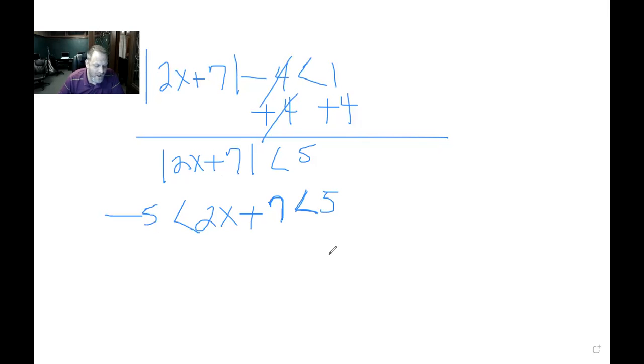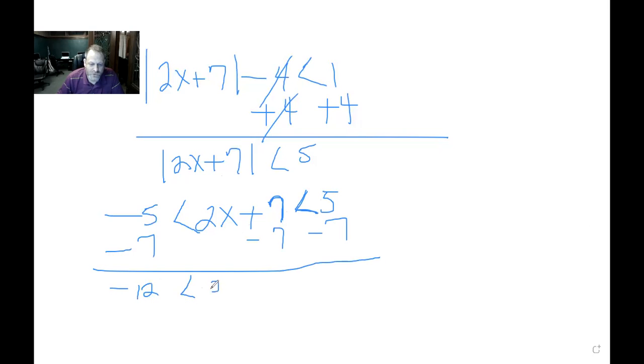But are we done? No, we have to get rid of that 7. And what you do to the middle, you do to both sides. So that's going to be a negative 12 is less than 2x is less than negative 2. All right, guys. So are we done yet? No, we're not. The middle part, again, we need to get this x by itself.